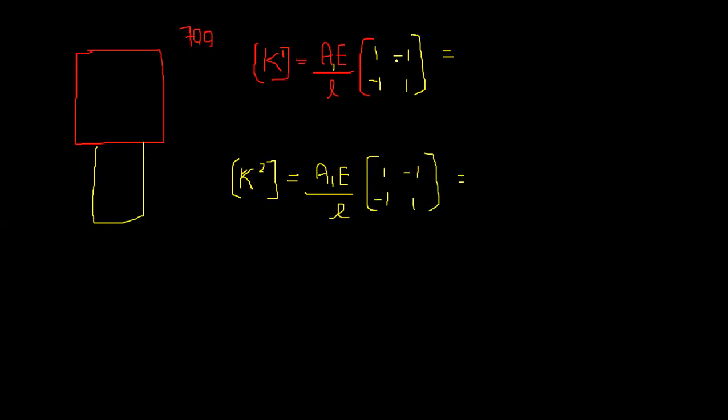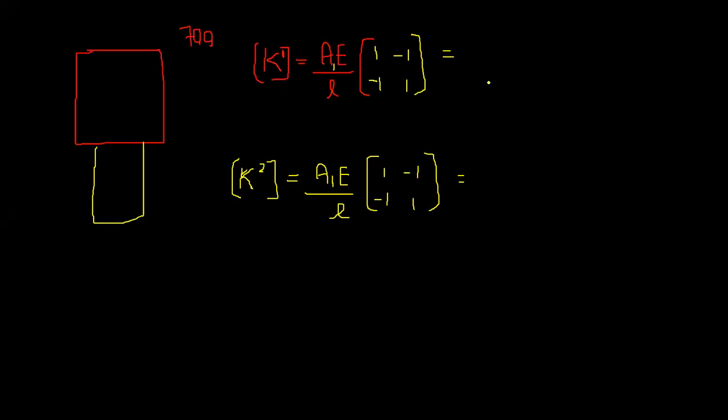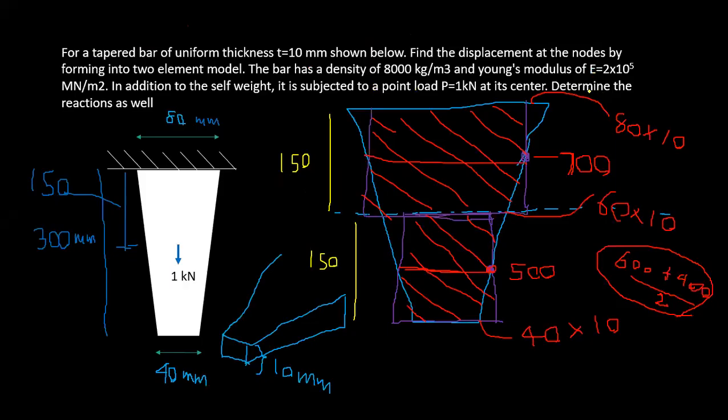So A1 is 700, and you can substitute 700 into 2 to the power 5 over 150. I don't remember, it is 2 to the power 5. Yes.